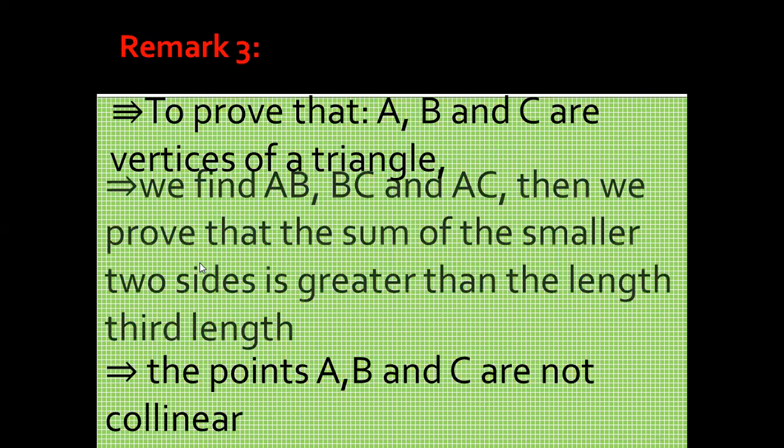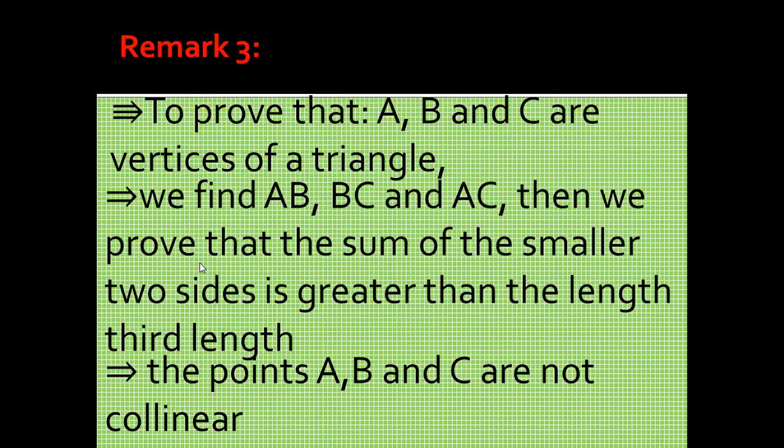By doing the same steps, we will find AB and BC and AC, then prove that the sum of the smaller two line segments, of two sides, is greater than the length of the third, not equal. If they are equal, then the 3 points are collinear.